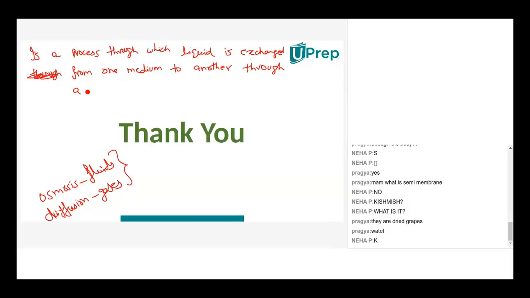So this is osmosis. And what is diffusion? You just delete this and make it gases. Then it becomes diffusion.